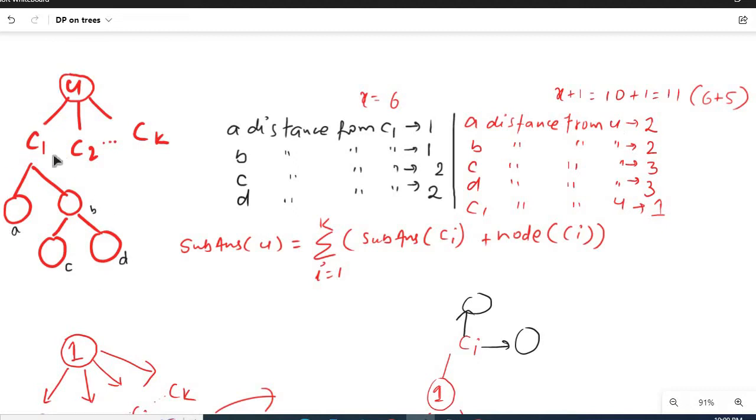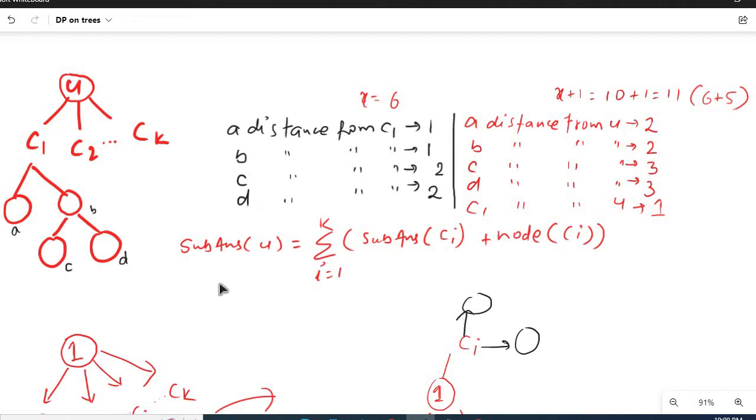inside this path would be the distance from C1 to all the nodes plus the number of nodes. In this case, the total sum from C1 is 6, and when I take it from U, it is 6 plus 5, where 5 is the nodes 1, 2, 3, 4, 5. It would be 11.